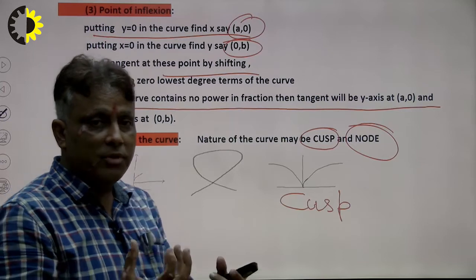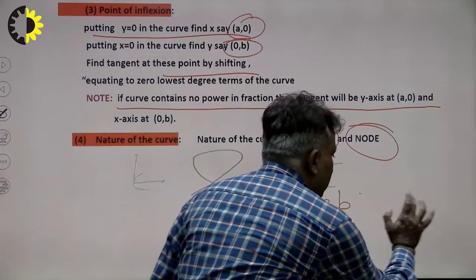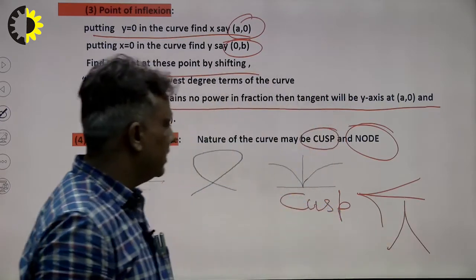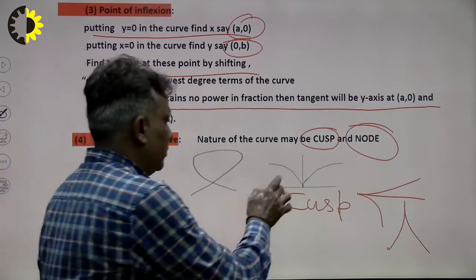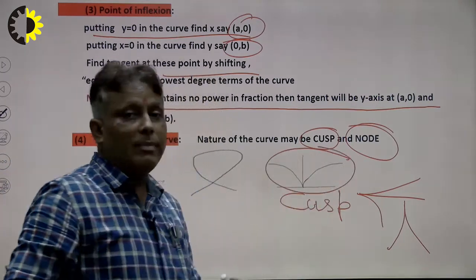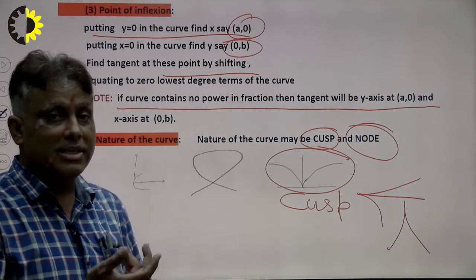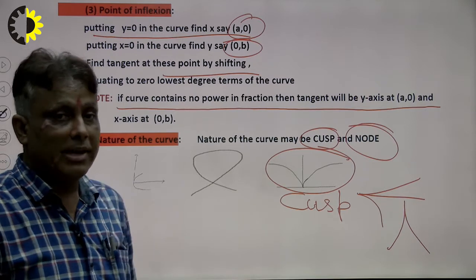When a leaf grows, we see this type of nature, and this may be horizontal, or it may be on this side. This is the nature only; I draw only one part. In this case the cusp is this point, and the curve will be this. I will explain later what a cusp is, how to maintain it, and what the nature of the cusp will be at which condition.